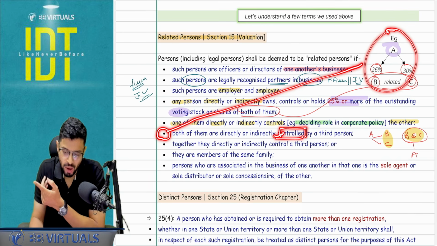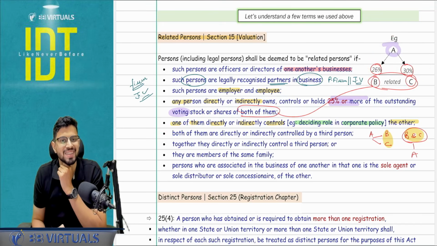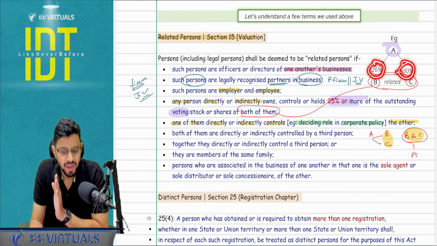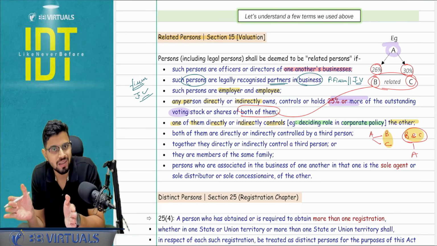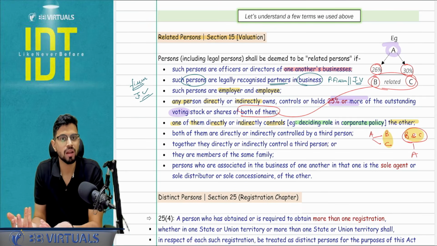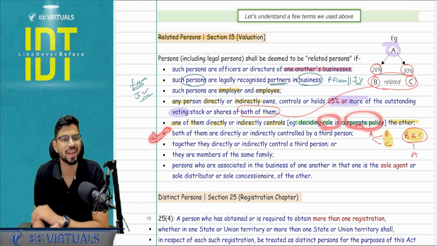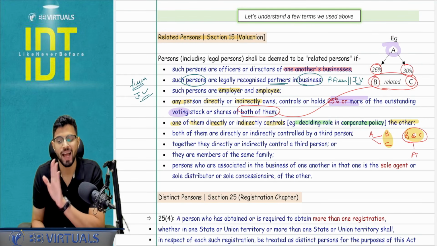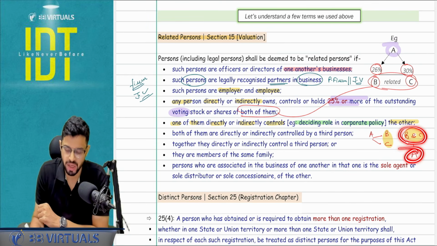But if you apply this clause here, even 25% is going to work. So if you see minimum 25% voting is coming here, directly this clause will apply. But I'm saying that the control word is much wider. I may not have voting power, but I may have a role in deciding the corporate policy, then this clause will apply. For this, we are specifically focused on voting power. I hope this is clear. Or similarly, B and C are together controlling A.